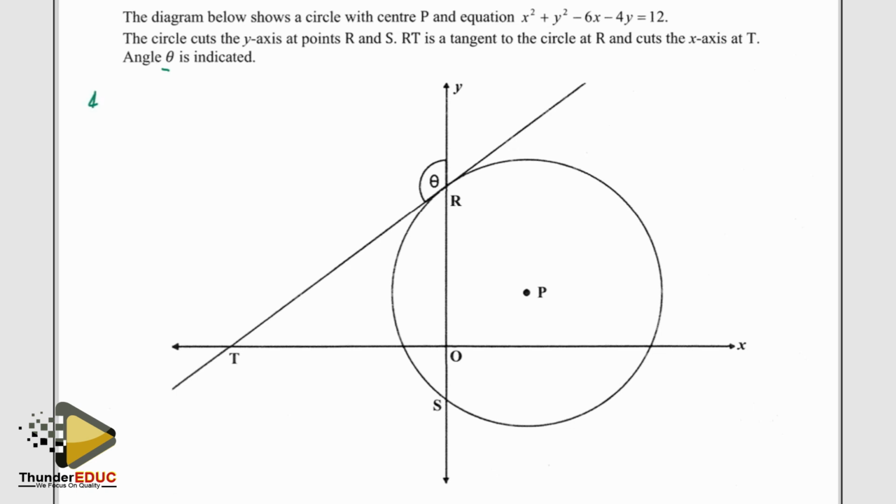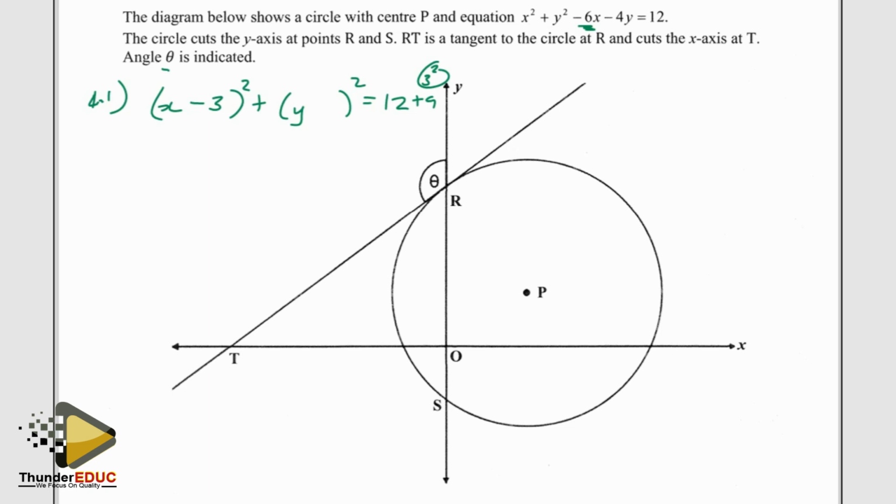So what happens here is that we need to complete the squares. I'll just open my 2 brackets is equal to 12. That's going to be x, that's y. So half of negative 6 is negative 3, and then I must add 3 squared, which gives me 9.